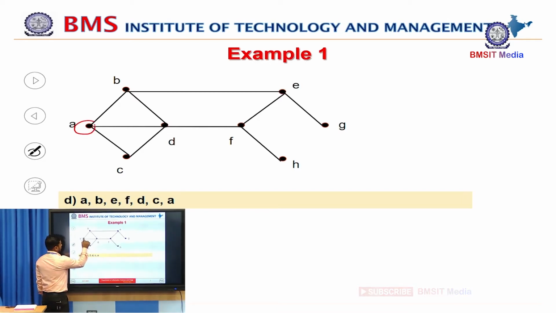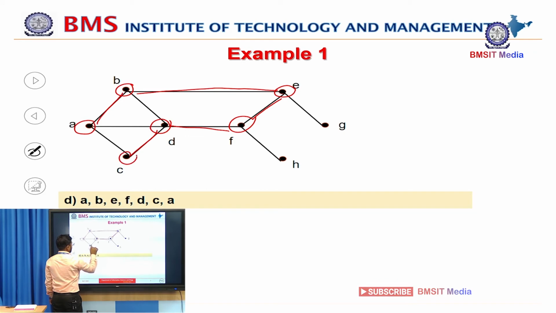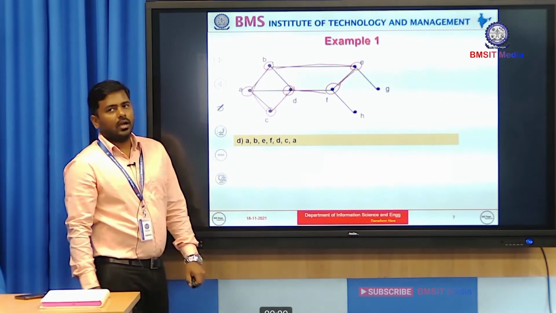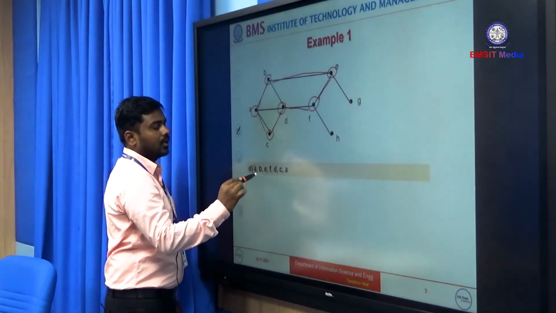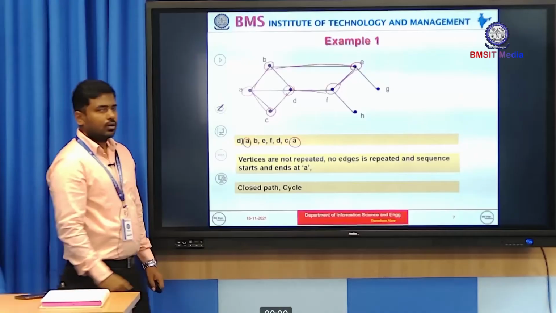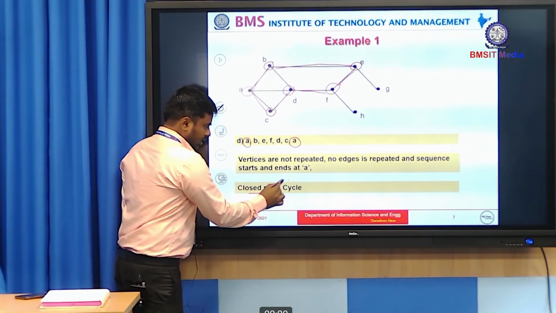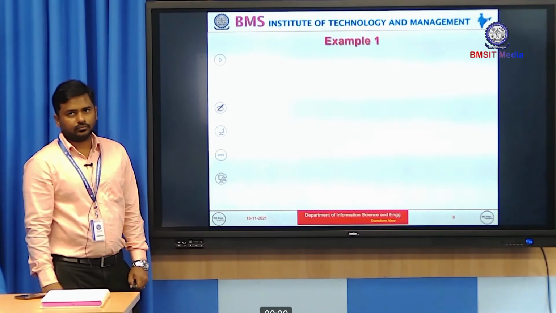We are starting with A to B, from B to E and E to F and F to D and D to C and C to A. As you can see, we have not repeated any of the edges or any of the vertices, and we are beginning with A and reaching the same vertex. So, this is an example of a closed path. If it is a closed path, then we call it a cycle. So, this is an example of a cycle.